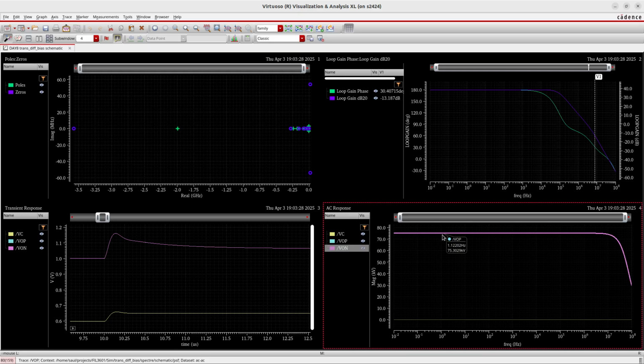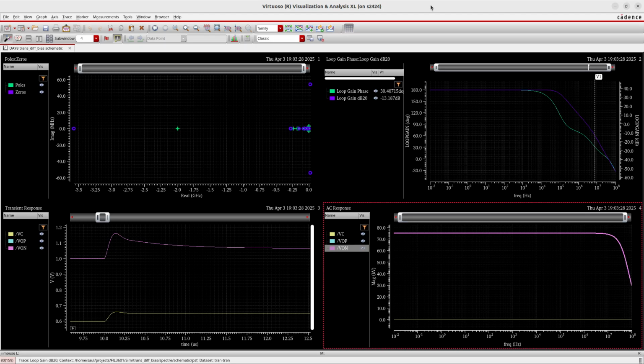We put 100 kilo ohm resistors there, and the result is 75 kilovolt, and the reason for that is that it is just a single stage amplifier, so there is not a lot of loop gain in this particular case.